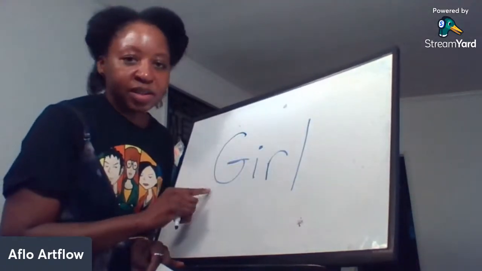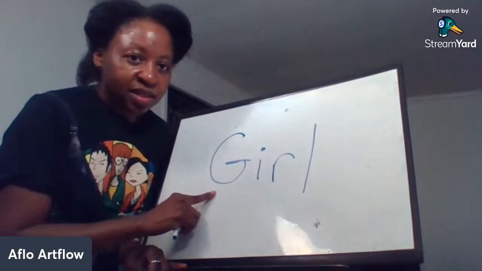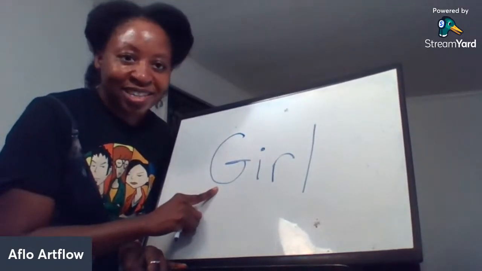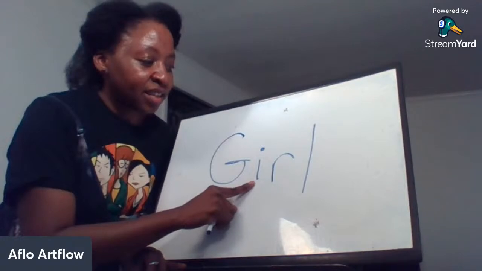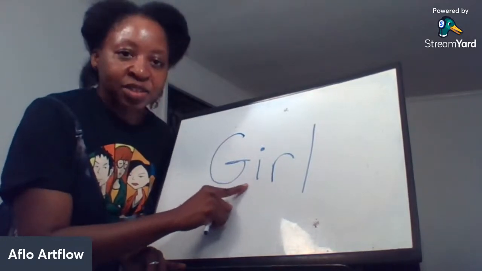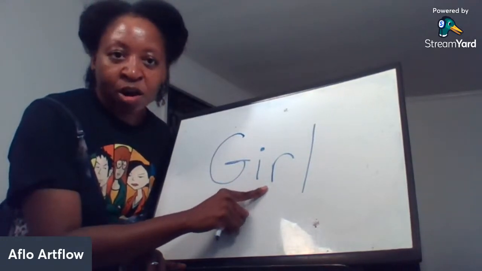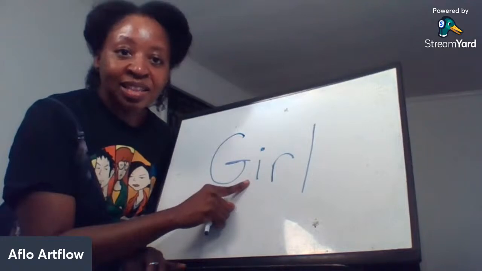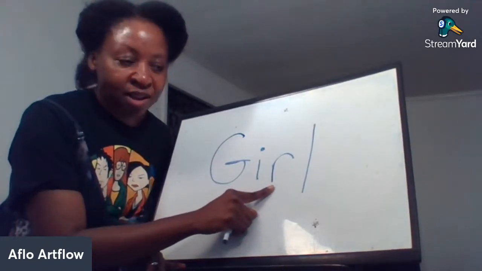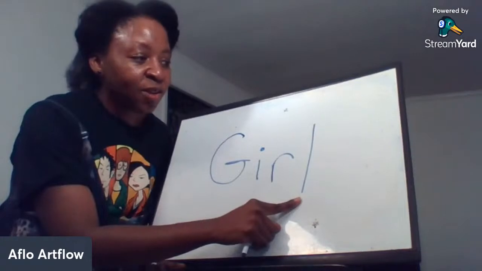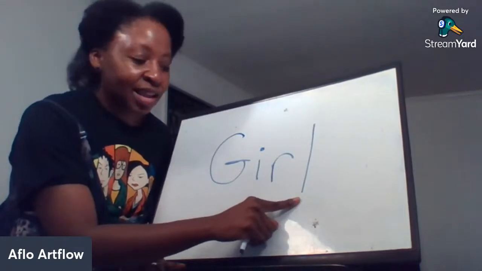The next word, this letter is letter G. It has the G sound, and the IR has the sound, just like the ER, but in this word the letters are IR, and together they have the sound. And this is the letter L, has the L sound.